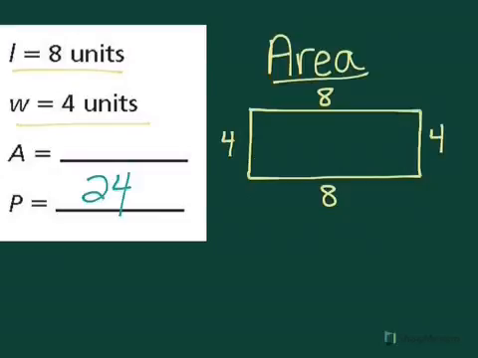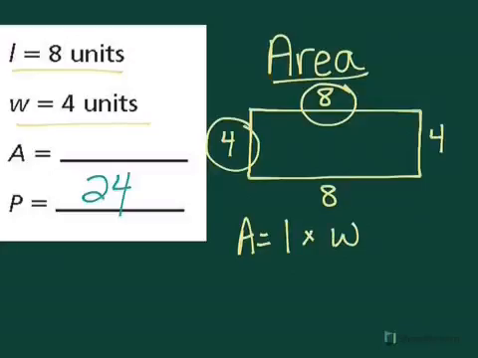To do that, I'm simply going to multiply the length times the width. So we know area equals length times width. In this case, our length is 8 and our width is 4. 8 times 4 is 32.